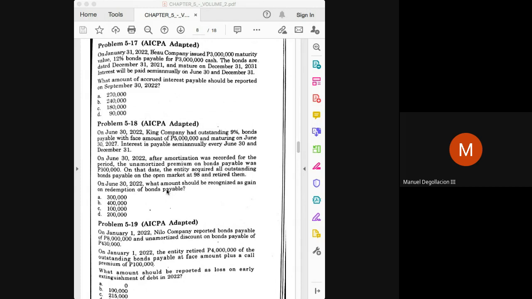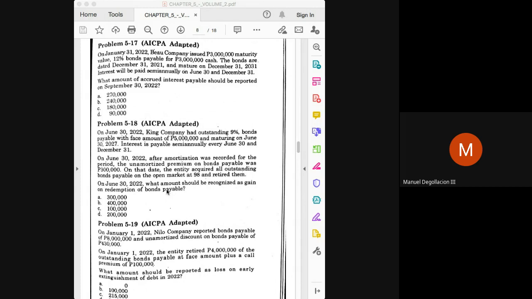Whatever is the net amount of the bonds payable, class, compare it with the redemption price, the amount of cash paid to redeem or get back the bond. The difference would be your gain or loss.